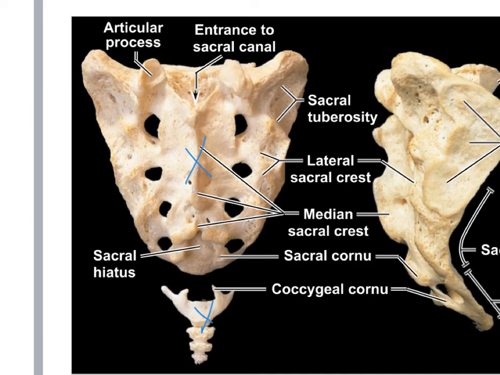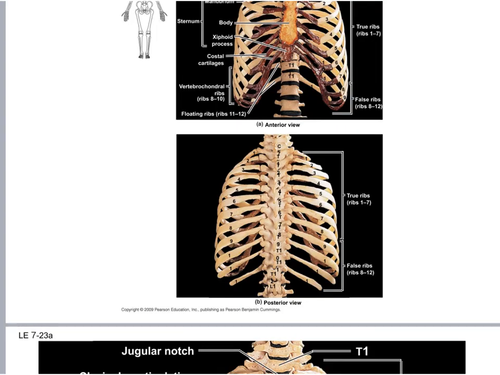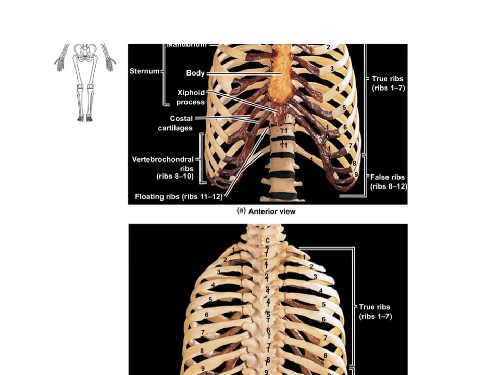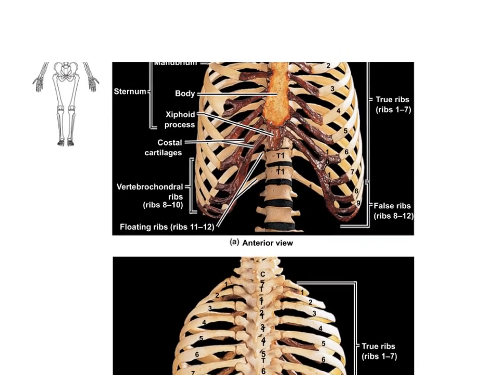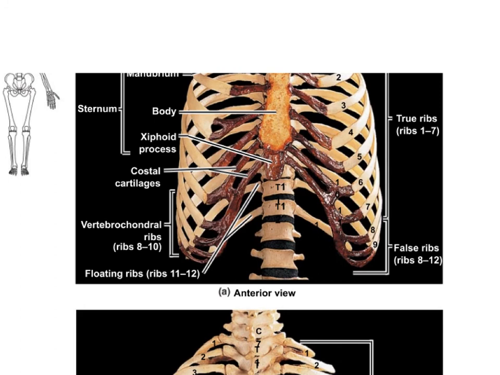Finally, lastly, we get to the thoracic cage. The thoracic cage is the ribs and the sternum. The sternum is the breastbone here. The breastbone has 3 parts to it. On the top part, the manubrium. In the middle part, the body of the sternum.